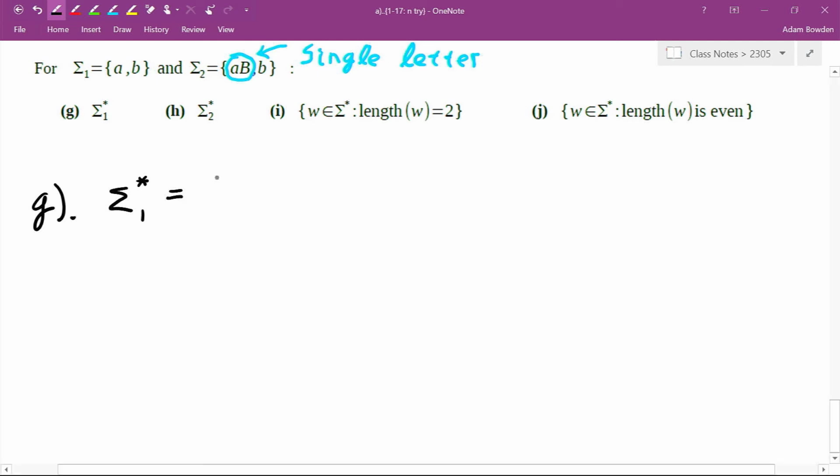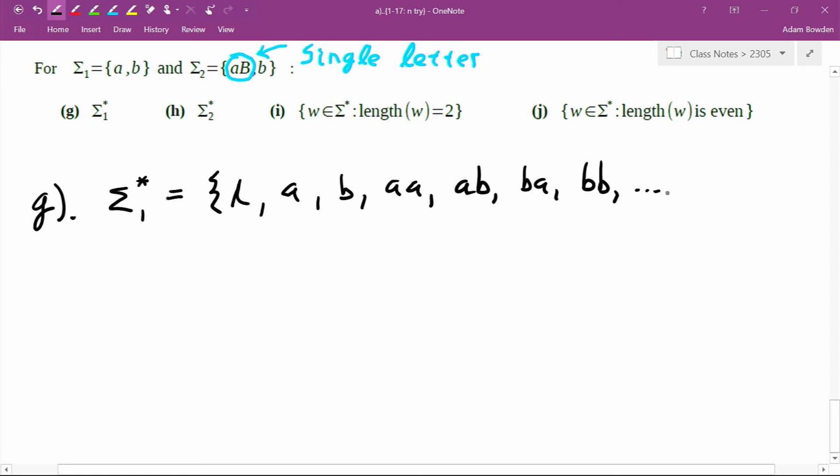So this goes on forever, but sigma star will contain, first off, lambda, the null word or null string, and then other words that can be constructed from our alphabet would be words like A, B, AA, AB, BA, BB, and you could go on from there. You could have A, B, B, AA, and then it could just keep going on from there.